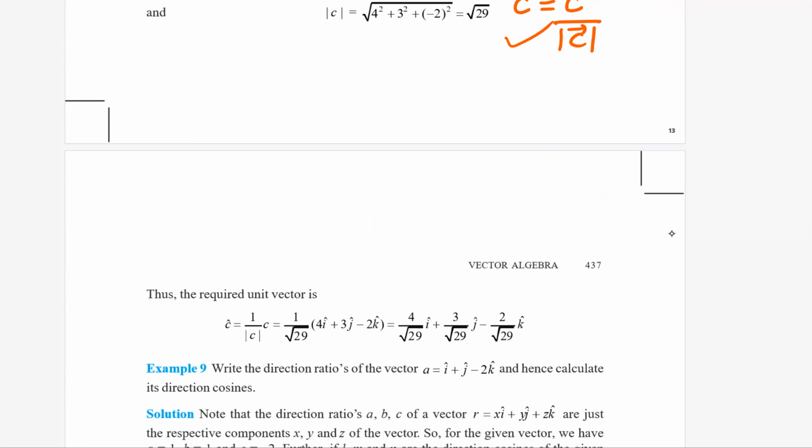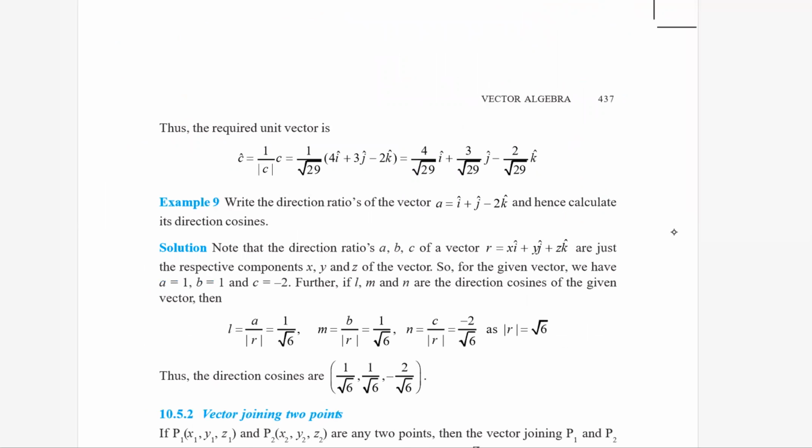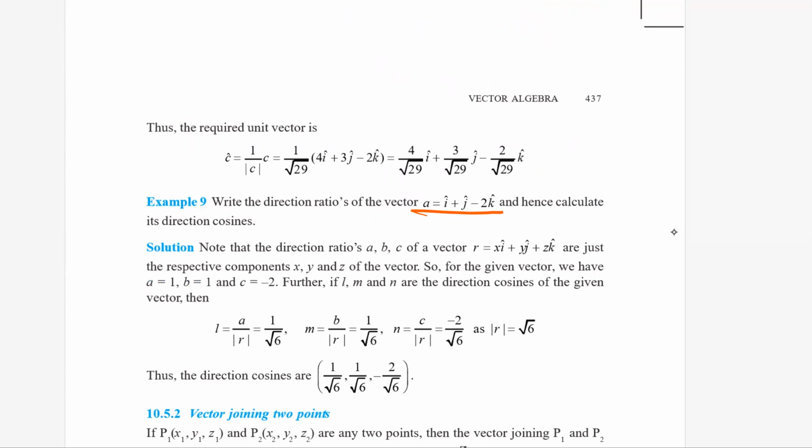Next, direction ratios of this vector. Can you tell me what will be the direction ratios of this vector? Direction ratios are just these components only.